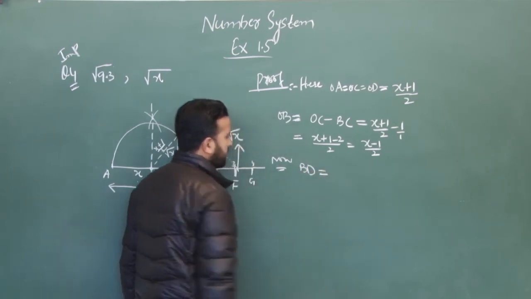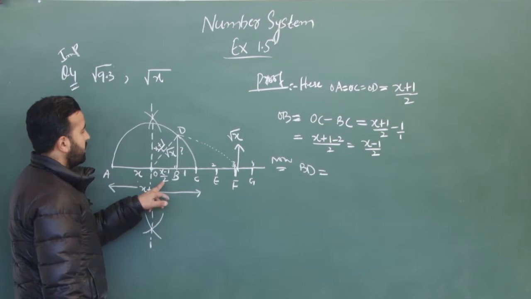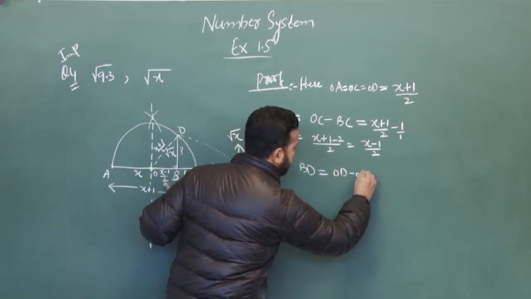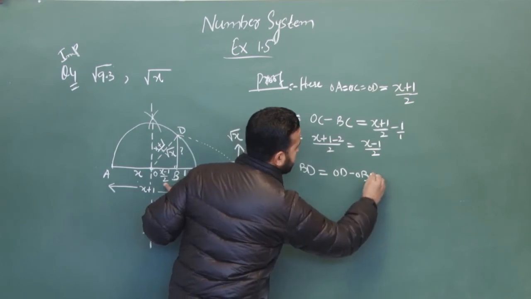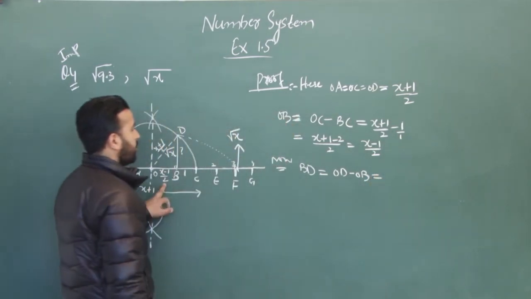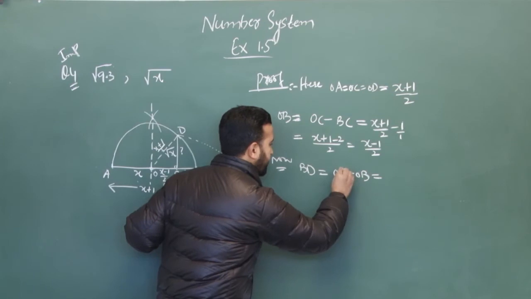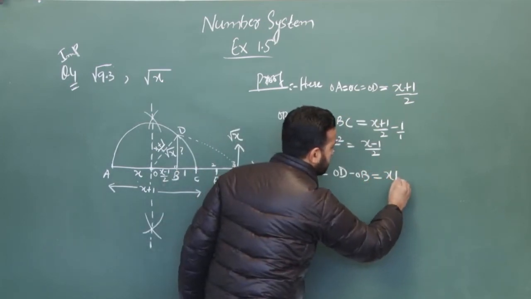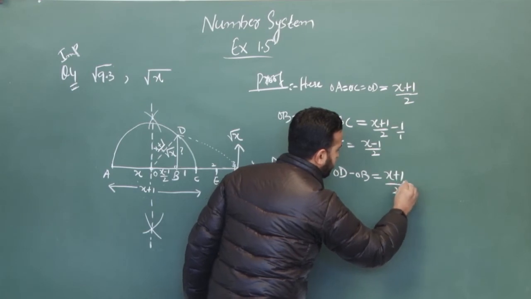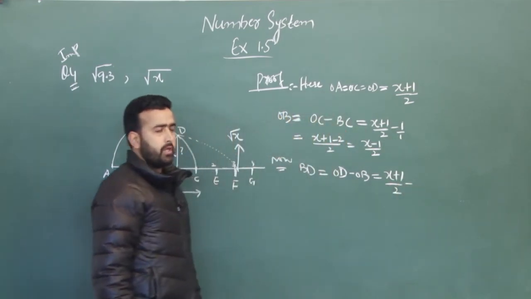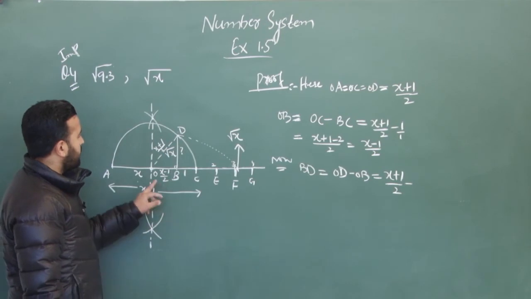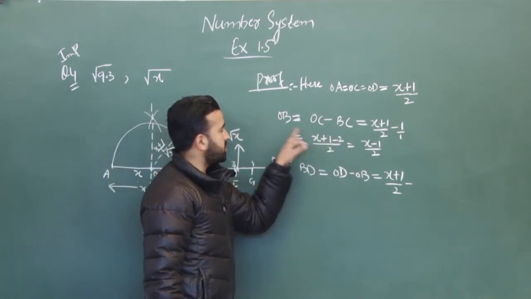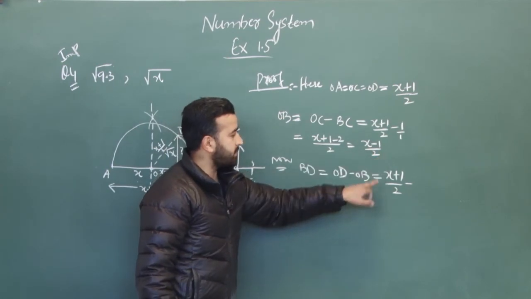BD square is simply equal to OD square minus OB square. What is the value of OD? We know OD is equal to x plus 1 by 2. And then the value of OB, that is after subtracting BC from OC, we got OB, that is x minus 1 by 2.